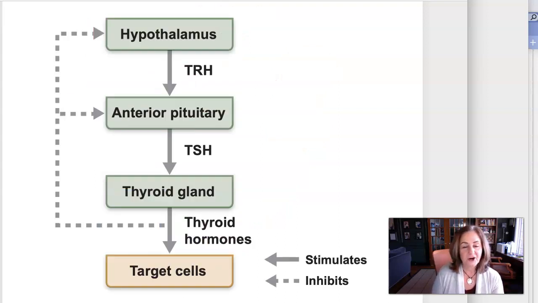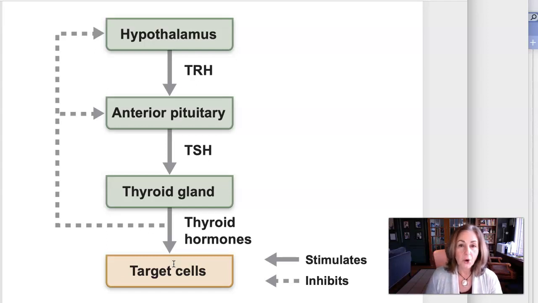Here's another flow chart showing the same thing. The hypothalamus releases TRH, which targets the anterior pituitary. In response, it secretes TSH, targeting the thyroid gland. Thyroid gland is going to release T3 and T4. Those are the thyroid hormones, which are going to target body cells to stimulate the utilization of nutrients to make energy.